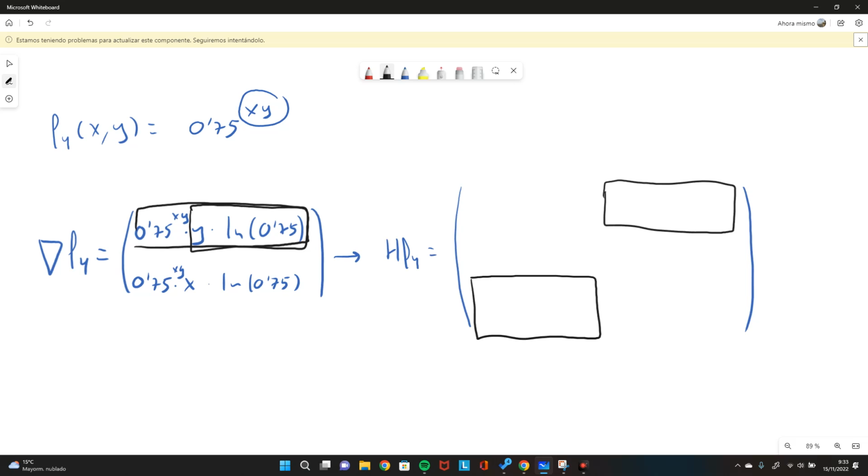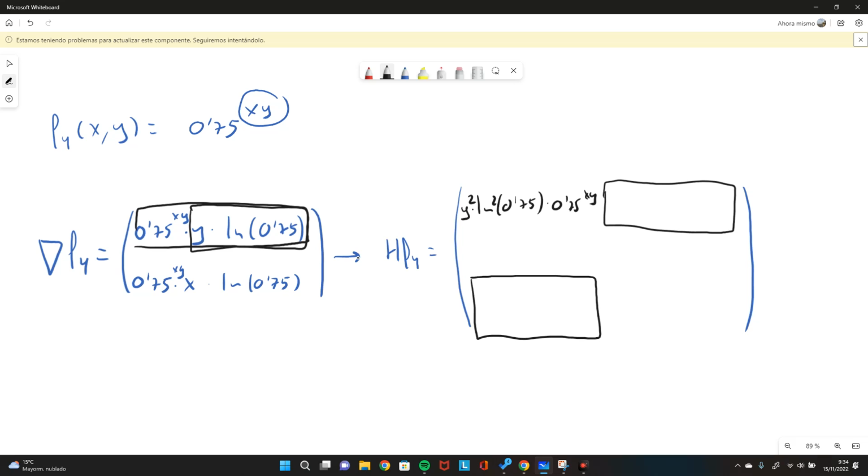So I just can write that at the beginning. 0.75 times 0.75 to the power of xy. And then what happens is that y comes down again, and the logarithm of 0.75 comes down again. So this is squared and squared.